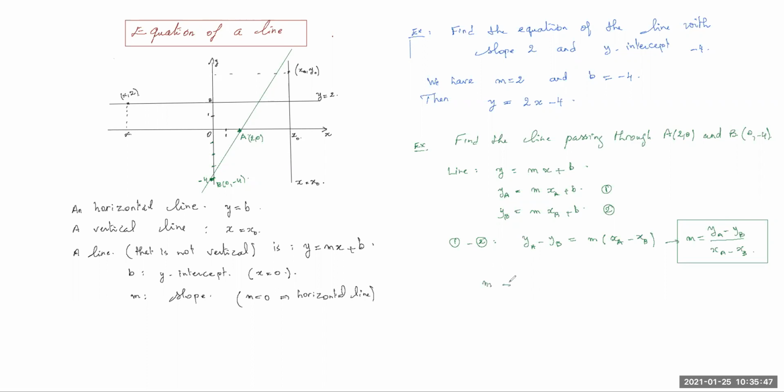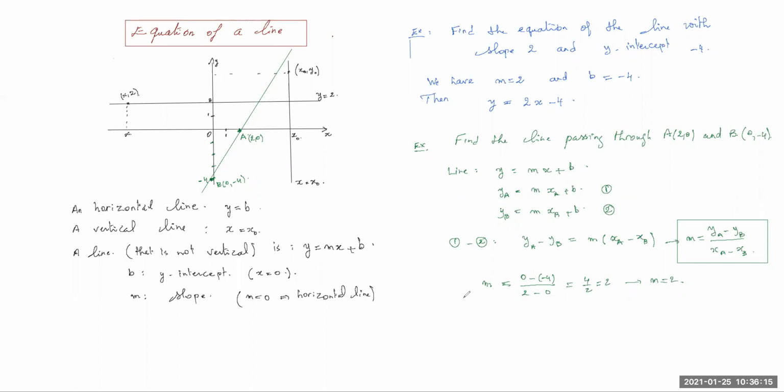So m will be then ya, which is 0, minus yb, which is minus 4, over xa, which is 2, minus xb, which is 0. So it will be 4 over 2, which is 2. So I have my slope is 2. What about b? Once I have m, I can deduce b.